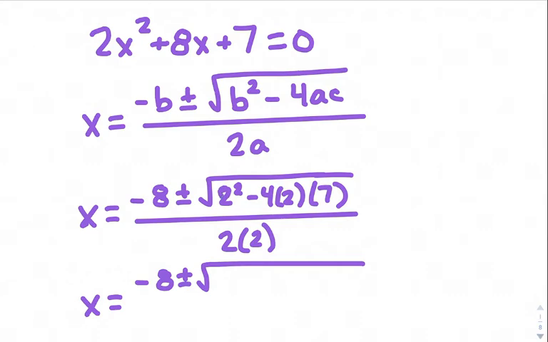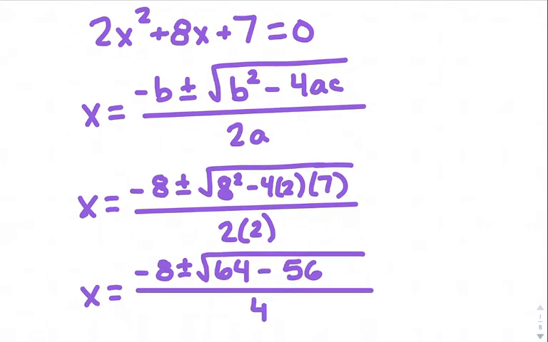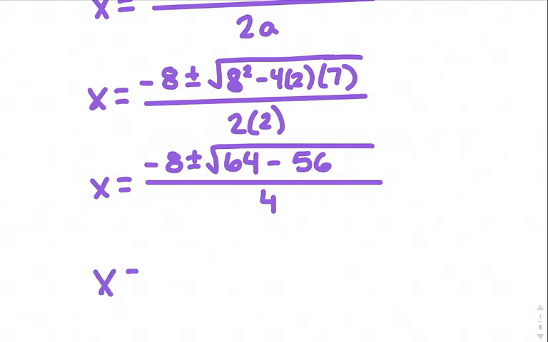This should be 8 squared because your b is 8, not 2. So 8 squared is 64. Negative 4 times 2 times 7 would give me 56. And then 2 times 2 would give me 4. So I'm going to subtract what's in my radical: 64 minus 56 would give me 8.